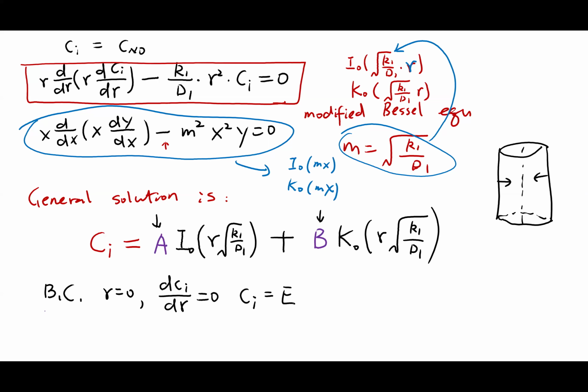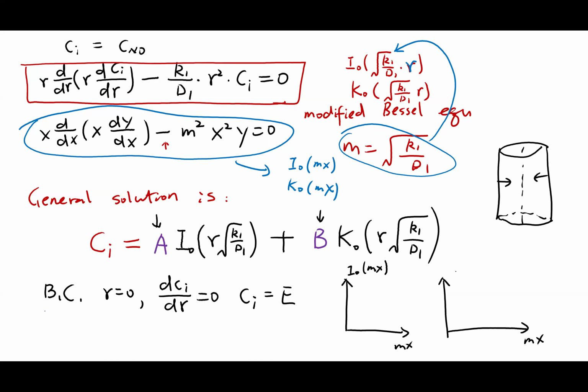First of all, in order to determine that, we need to know the pattern of I0 and K0. If this is the mx axis, this is the I0(mx), and this is the K0(mx).